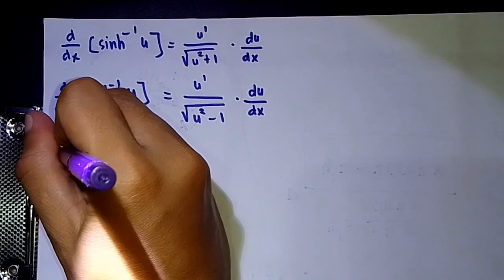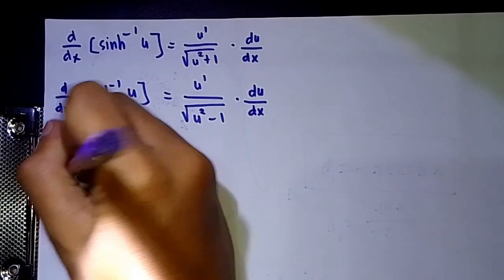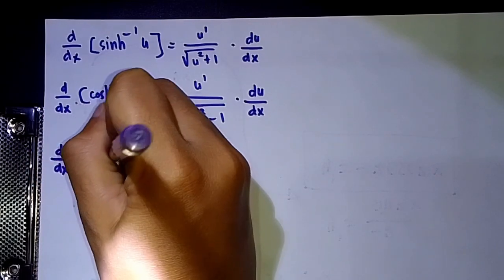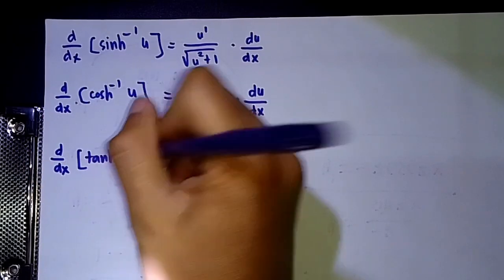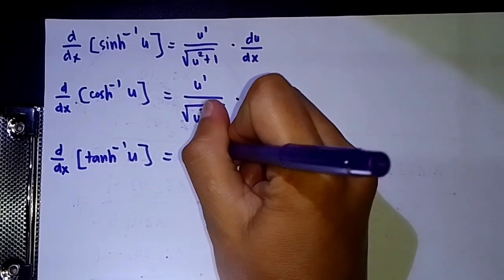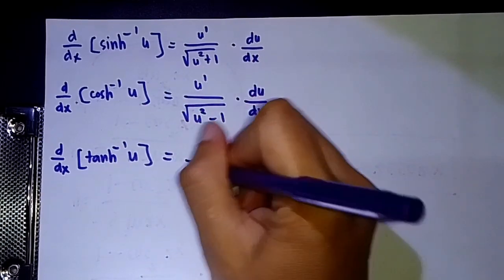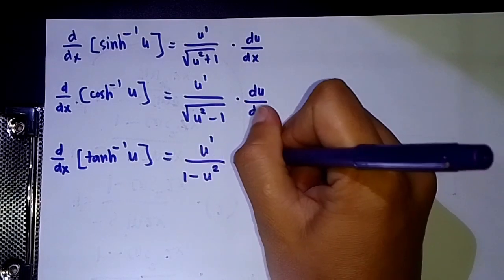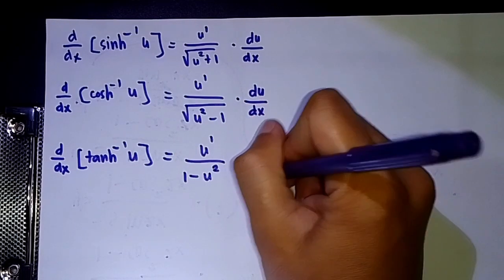The derivative of the inverse hyperbolic tangent function of u is equal to u prime over 1 minus u squared, times du over dx.